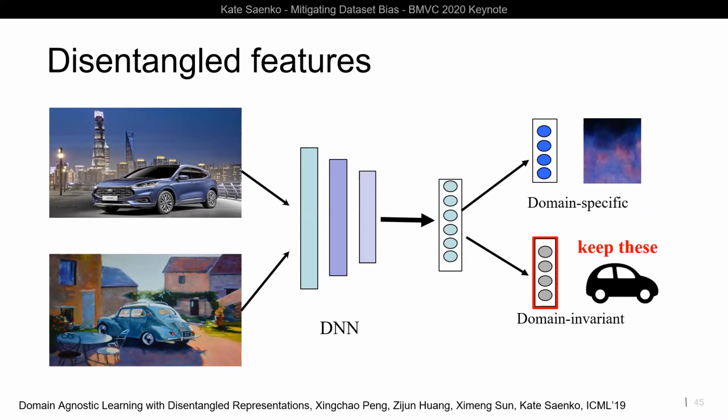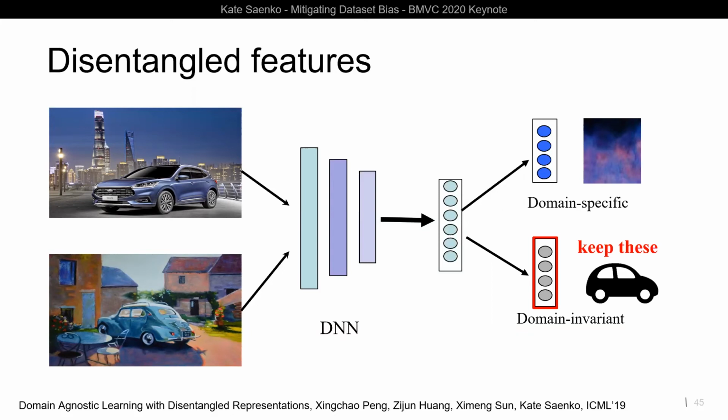And so once we've trained our model in this way that it disentangles the feature vector, we then want to only use the domain invariant part of the feature vector to do classification, in the hope that by removing domain-specific information, these features will be less susceptible to domain shift and will perform better.